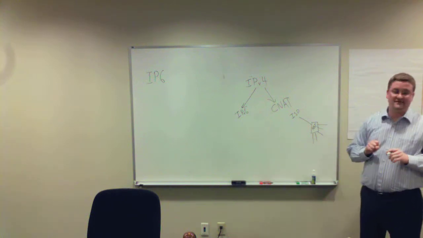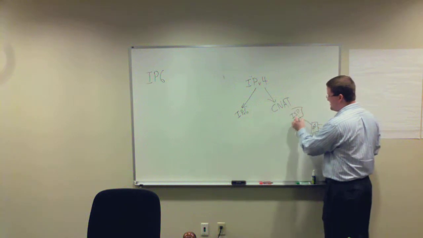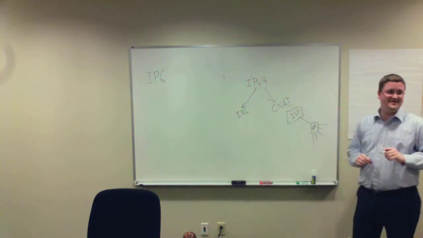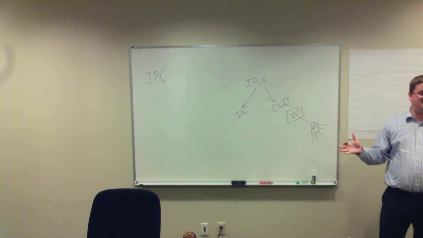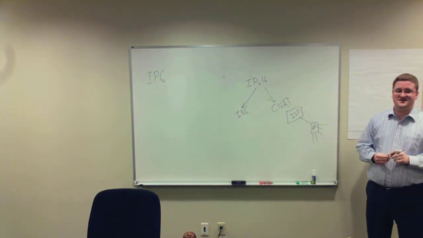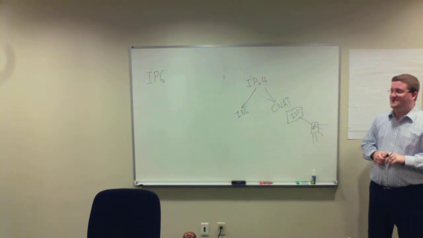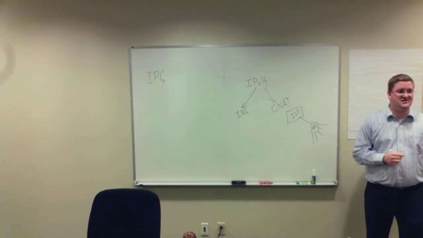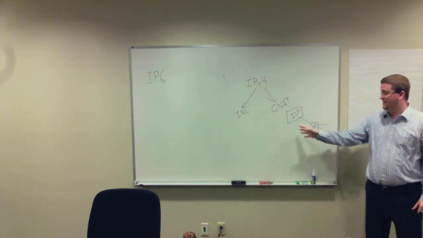Now with carrier grade NAT, your ISP also runs their own NAT box for you. So your one address is actually shared amongst a bunch of different customers, and you have no way to control that. So what ends up happening is certain applications, ports, and protocols start to break because of the double NATing.